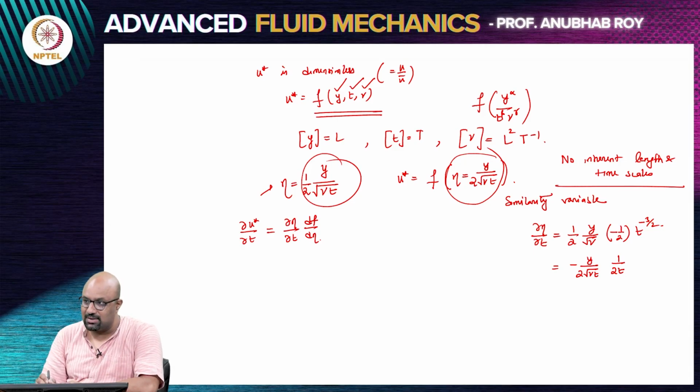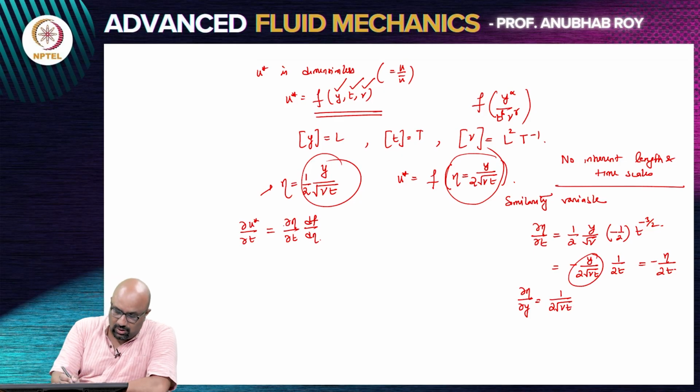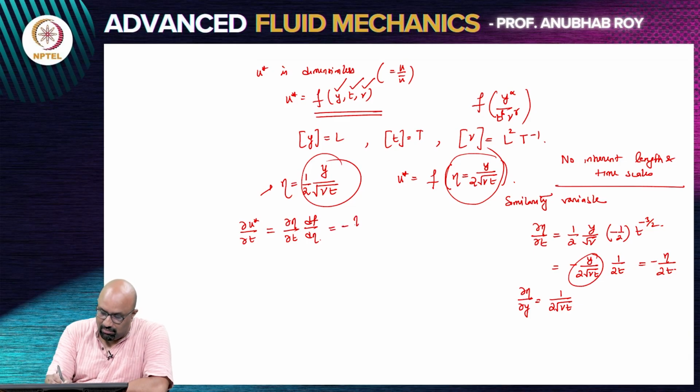I wrote the t to the power minus 3 half as 1 by t into 1 by root t. Now this is eta. So I have dou eta dou t as minus eta by 2t. Similarly, dou eta dou y is 1 by 2 square root nu t. So dou t of u star turns out to be minus eta by 2t df d eta.